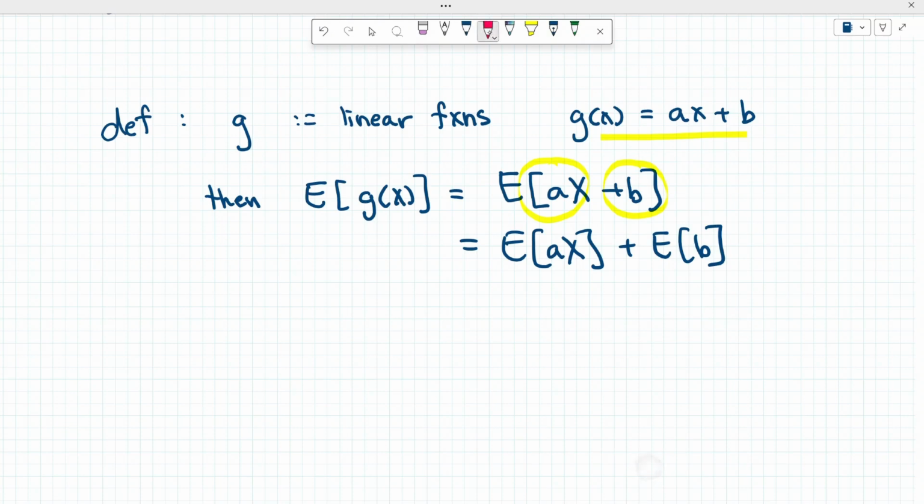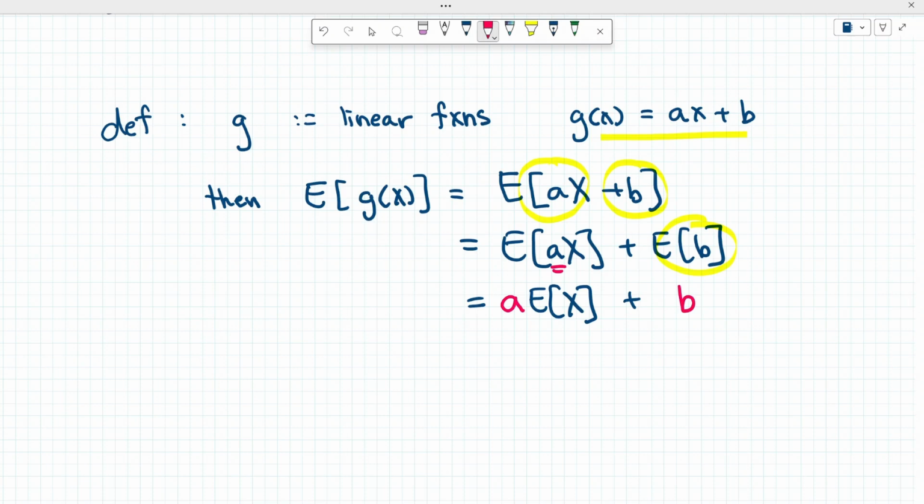Any coefficient of x can be taken out of the brackets and just become a coefficient of the expected value. So you have a multiplied by E of x. And then what do we do here? We have the expected value of a constant. Well, what's the average of a constant? It's simply the constant itself. So it would simply be plus b.